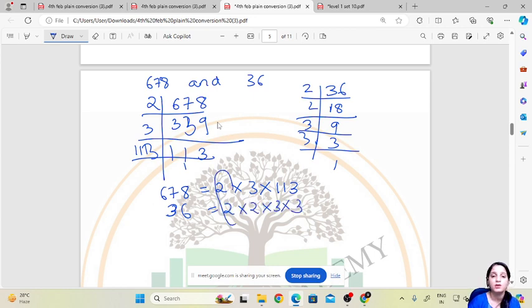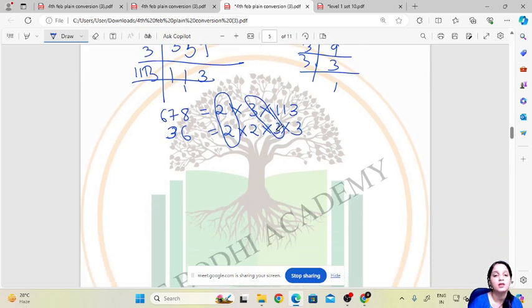So here the common factors are 2 and 3. So your answer, HCF, is 2 into 3, so your answer is 6. So you can make 6 rows.